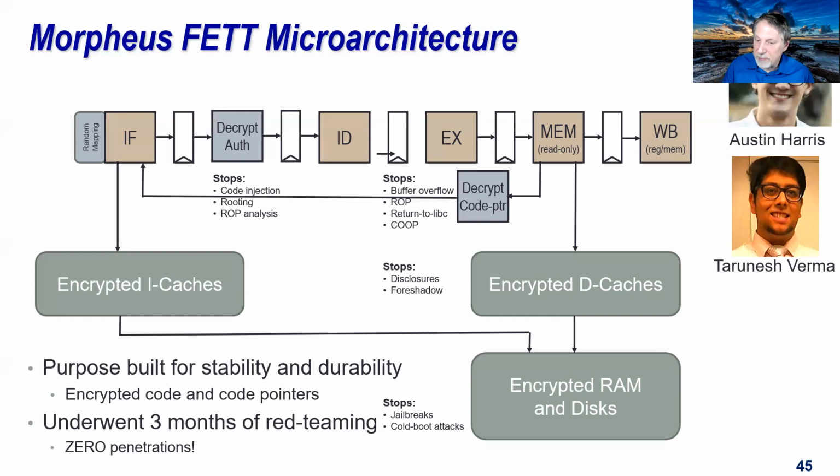So we built this system. We built it on the RISC-V Rocket core, extending the Chisel implementation of that core to do these capabilities. Austin and Tara Nash worked on that. It was a really fantastic piece of work, and it was deployed in FPGAs. Then we worked with DARPA, who supported the work, to do red teaming on this.